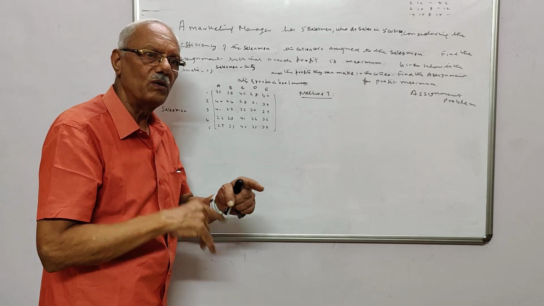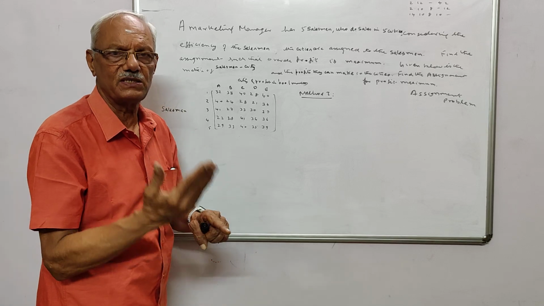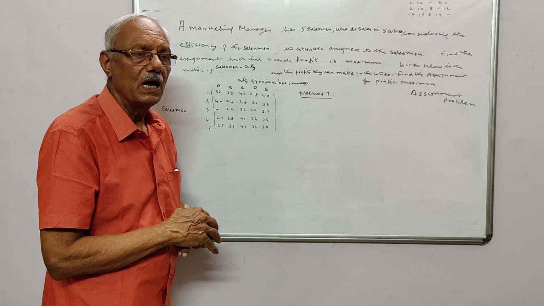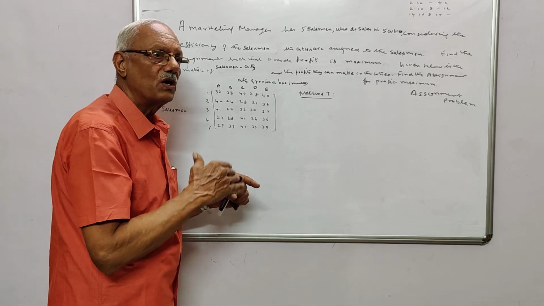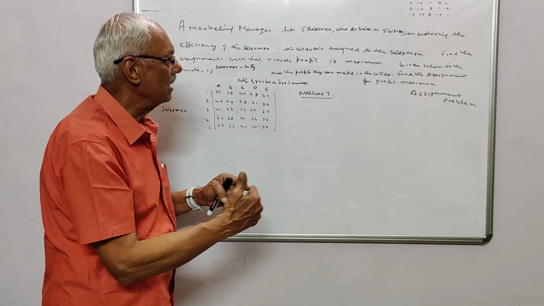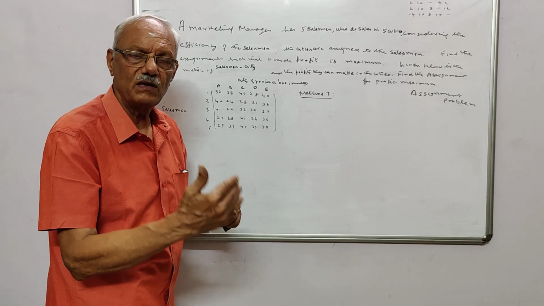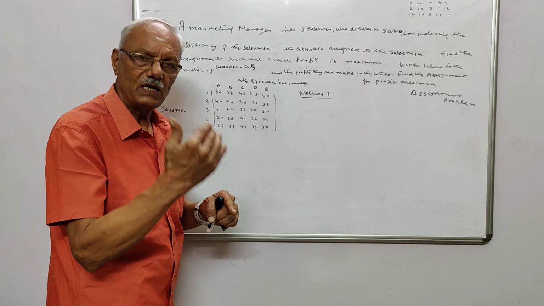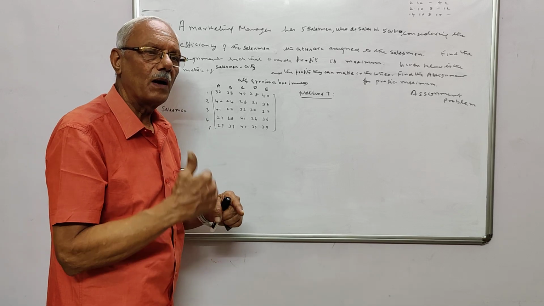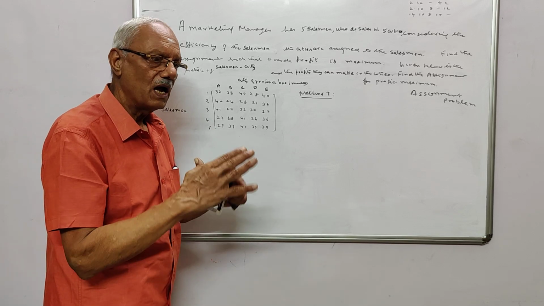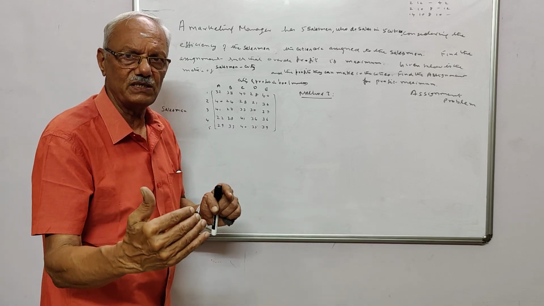Now the problem is reduced to a minimization problem. Can you understand? Apply the Hungarian method, the method I have taught you in my last class, and arrive at the assignments.